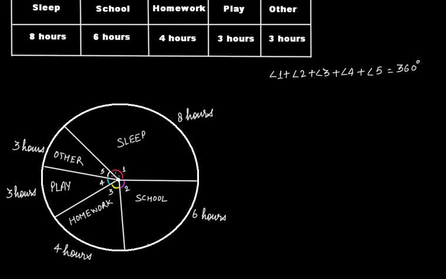Yes, this is equal to 360 degrees, because at the center you make 360 degrees.